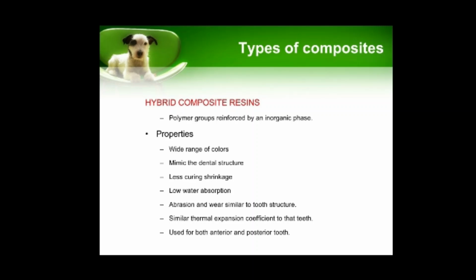The properties of these materials are that they are available in a wide range of colors, with less curing shrinkage, low water absorption, and excellent polishing and texturing properties. It has abrasion and wear resistance similar to that of the tooth structure, and the coefficient of thermal expansion is similar to that of the tooth, and it can be used for both the anterior and the posterior tooth.